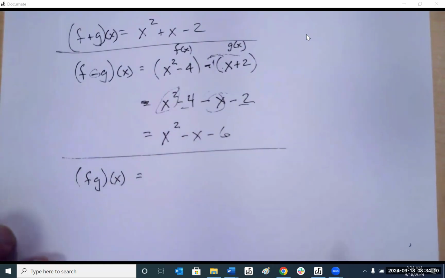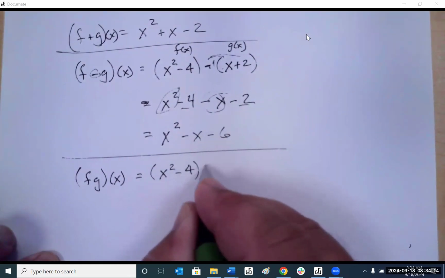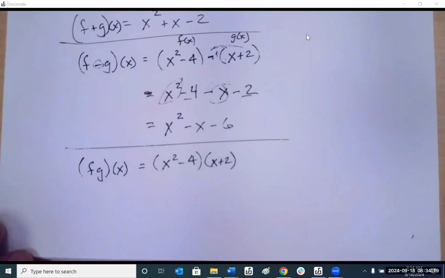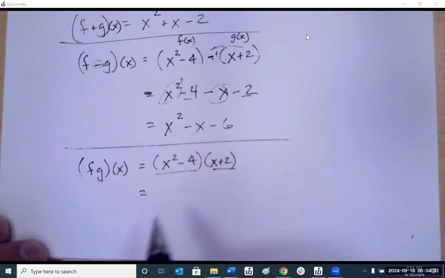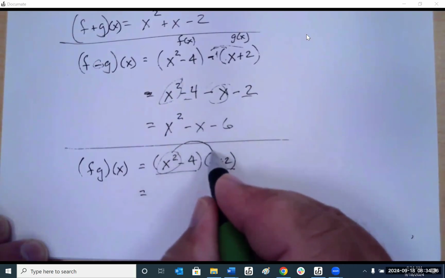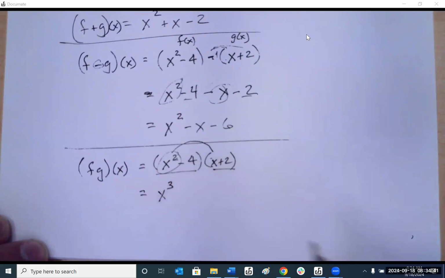f times g. x squared minus 4 times x plus 2. How do we multiply these? Distributivity. Everything in this one multiplies to everything in this one. So let's start with this one. x squared times x gives us how many x's? 3.